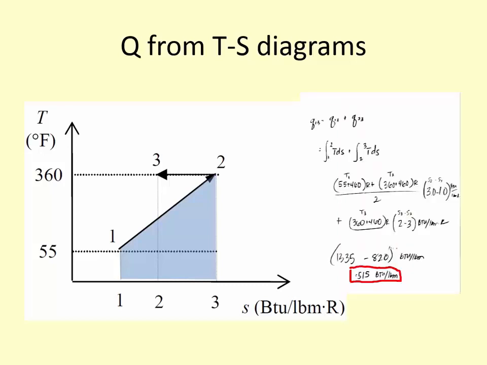We don't know the mass of this system, so we're doing it all in terms of specific values. So Q from 1 to 2 is equal to the integral of T ds from 1 to 2 and the integral from 2 to 3 of T ds for the second part of it.